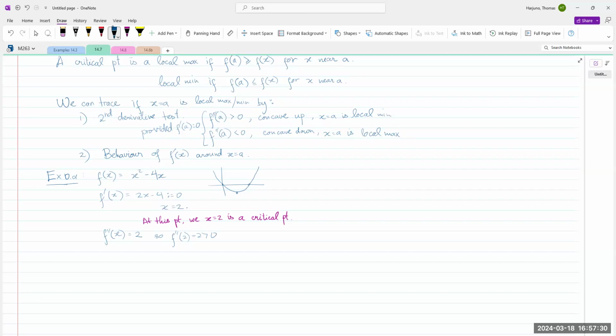But if it is concave up, and at that point the tangent line is horizontal, then we see that x equals 2 is part of the graph that is concave up.